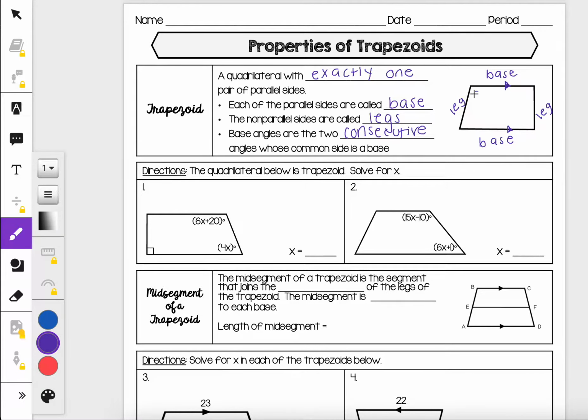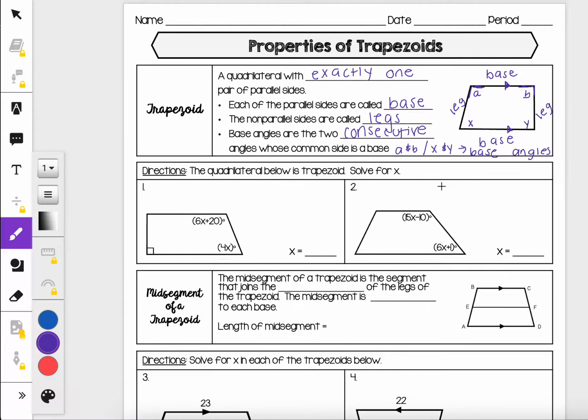So if I look, I'm going to call this angle A and B. These two angles are next to each other and the side that they share is the base. So A and B, and then I'm going to call this pair X and Y. Those are our two pairs of base angles. So A and B, and then X and Y are the base angles in this trapezoid.